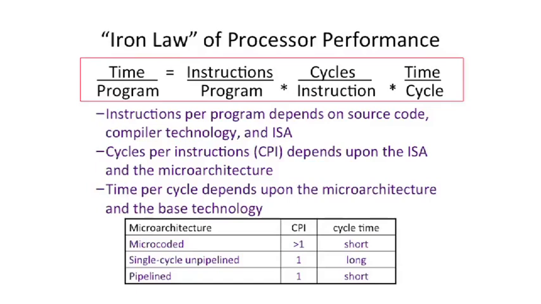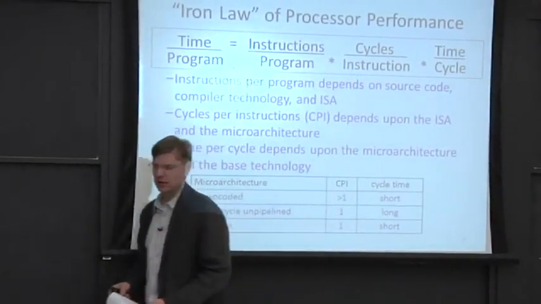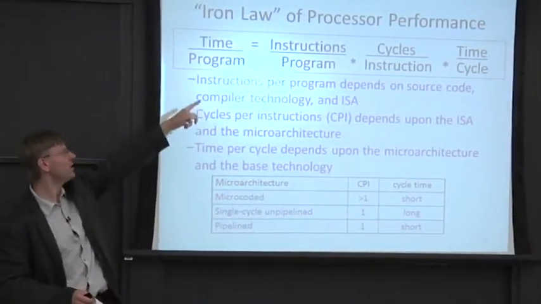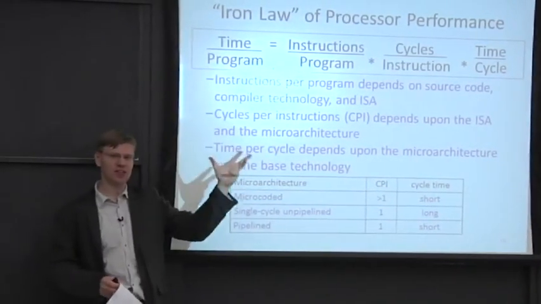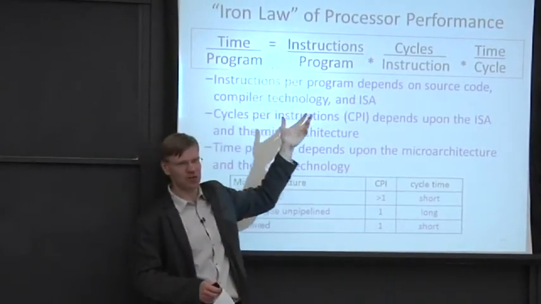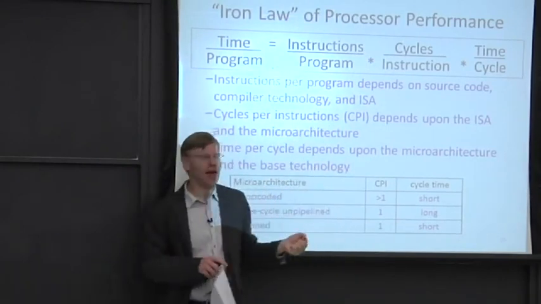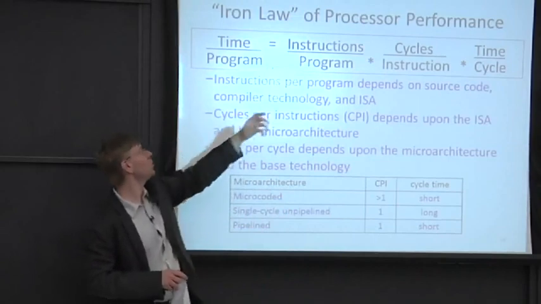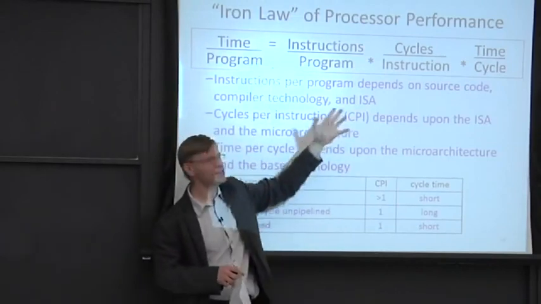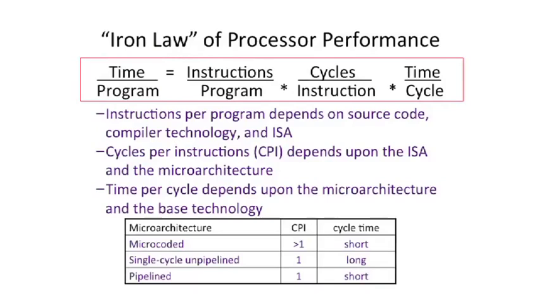OK, what's the unit on that? Well, the unit actually is cycles per instruction. So if we do the dimensional analysis on this, cycles up here and cycle down there are going to cancel. And then finally, we have instructions per program. And the unit on that actually is instructions per program. So the number of instructions in your program divided by the program. And if we multiply this out, the unit we're going to get here for time per program is seconds per program, or time per program. That actually is the unit.